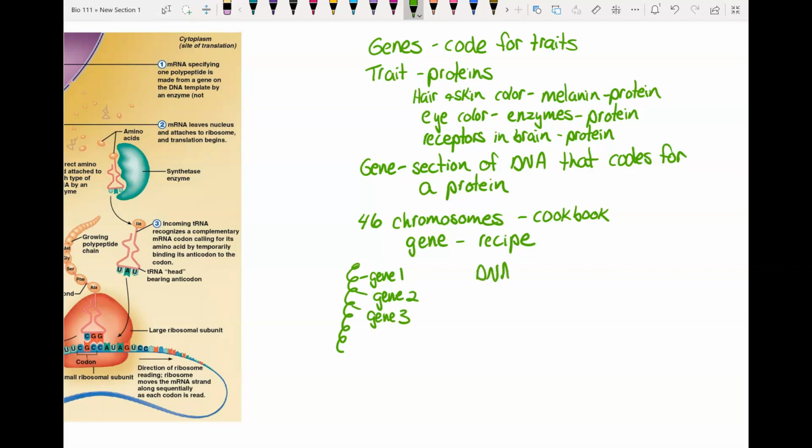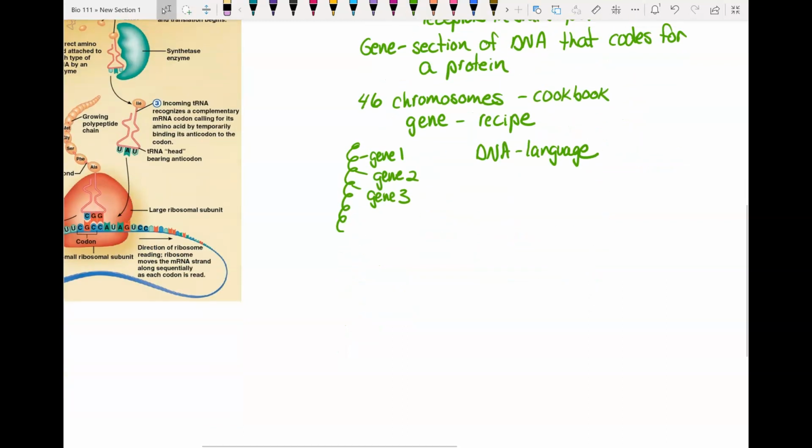DNA is basically the language, right? Your recipes are going to be written in a language. You're using letters to make words, to make sentences, and so on. So a gene codes for a protein. That is the relationship between genes and traits. Genes are not traits.